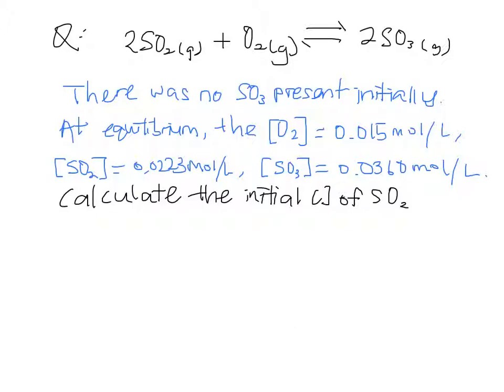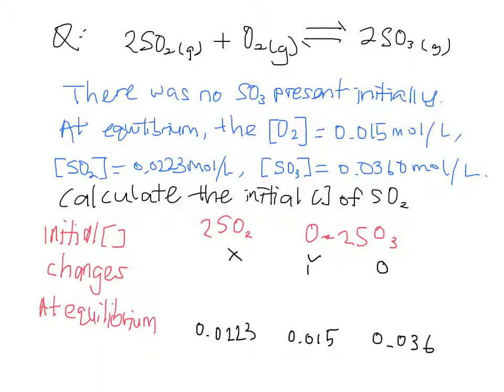So let us jot down the few things that were given in the question. Here we have jotted down a few things. The initial concentration of sulfur dioxide is X because it's unknown. Let's say we also want to find out the initial concentration of oxygen. I call it Y, unknown.